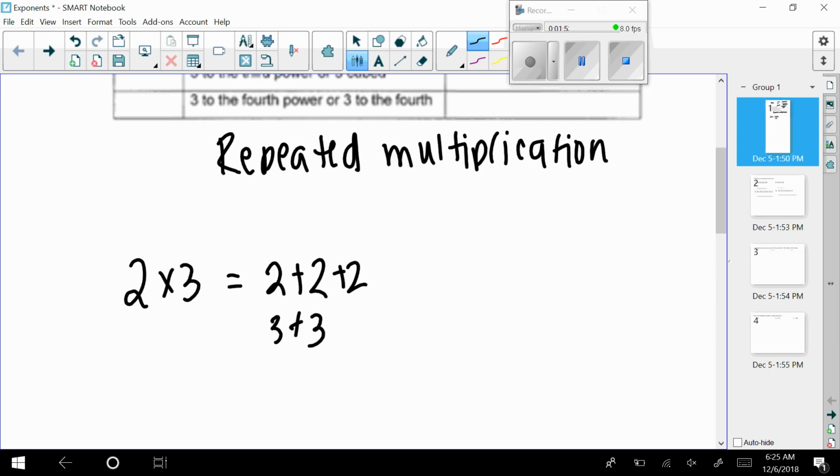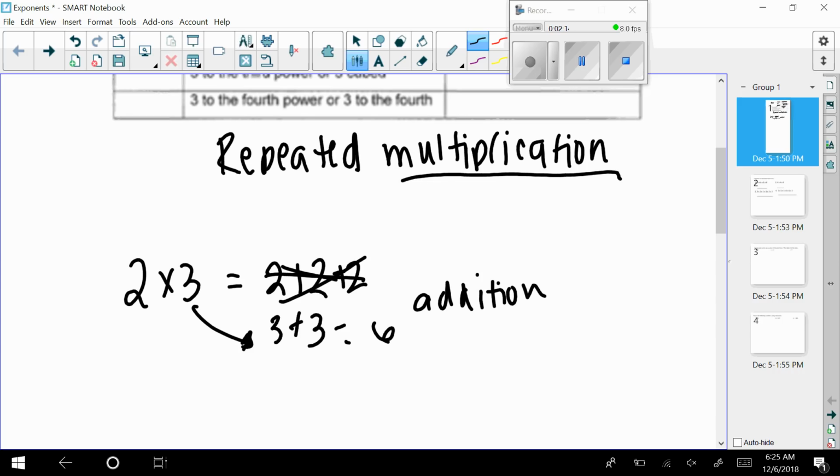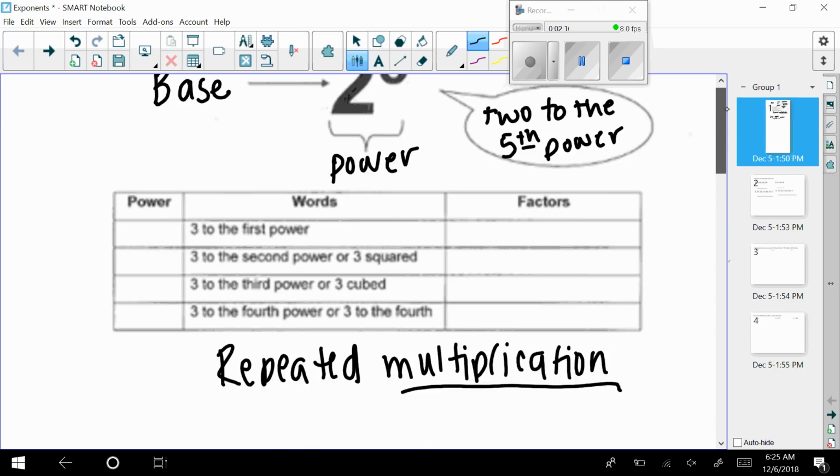I wrote that backwards, but this would actually be this, sorry, because this is 2 groups of 3, so 3 plus 3 would be 6, okay? That's repeated addition. Now, repeated multiplication is the same concept, but it's going to get bigger faster, right? Because when I multiply, things are growing faster. So let's watch what happens.